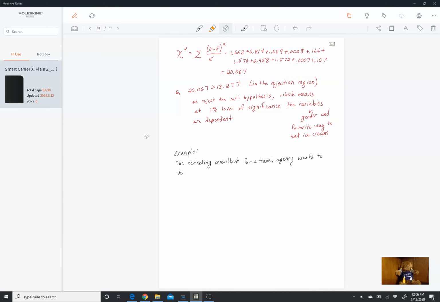wants to determine if travel concerns are related to travel purpose.